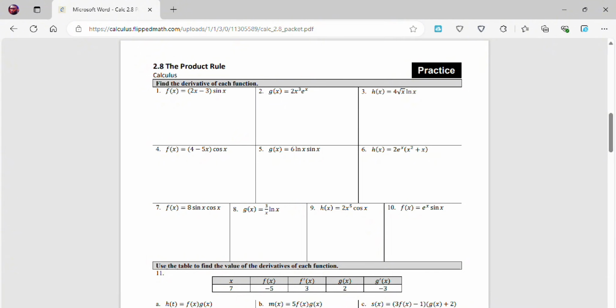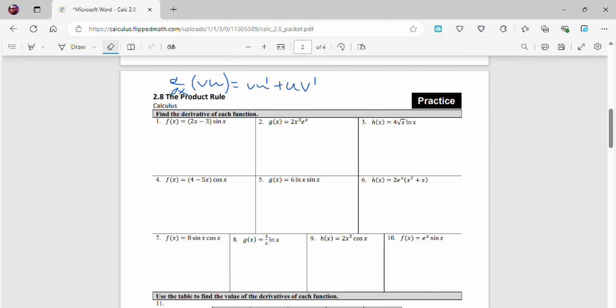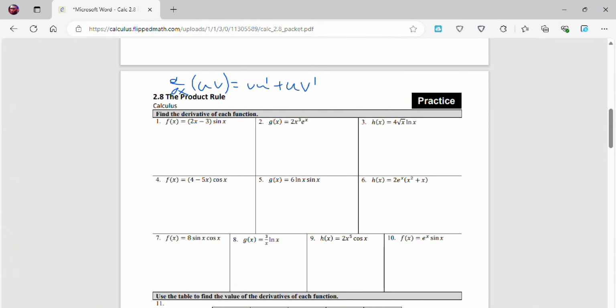So if we have the derivative of the product of U and V, to find that derivative, we're going to do V U prime plus U V prime. Okay.